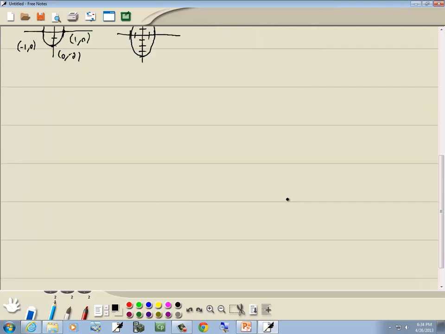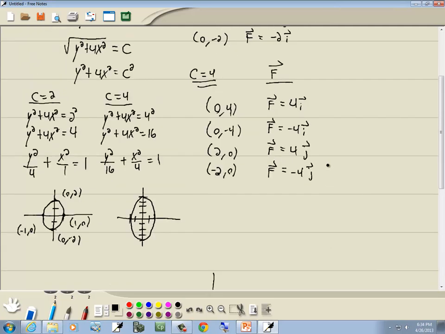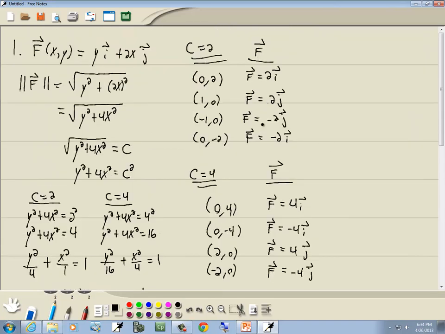Okay, so let's sketch these now. And that's probably good enough. I don't want to do any more than that. I think you get the idea. 0, 2.